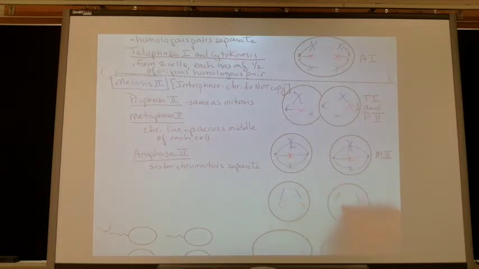Same for red. Same for green. And let's get some spindle fibers in there, pulling them along. Remember, the spindle fibers are kind of acting like a little fishing rod, reeling in the chromosomes so that they separate. Okay. So this was anaphase 2. Kind of messy there, but I think we can follow along.